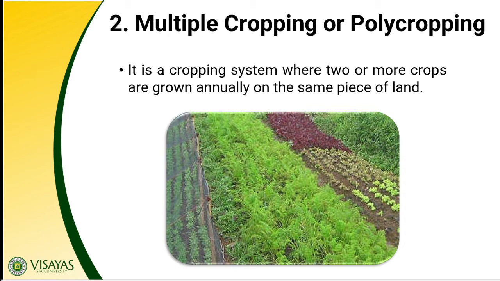As reflected here in the picture, there are several crops that are planted. We have here carrots at the center, and on the other side different varieties of lettuce, as shown by the different colors.